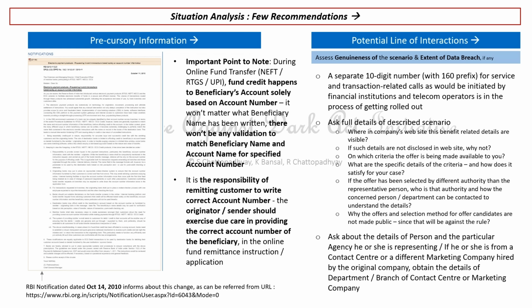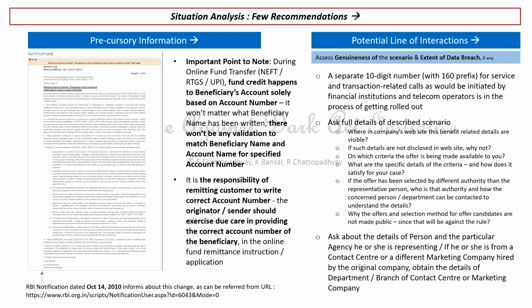How are these different entities organized with each other, and whatever the selection methods are to offer these benefits to the candidates, how does it comply with the laws of the land? These are the kind of details of the scenario that you will have to inquire about.